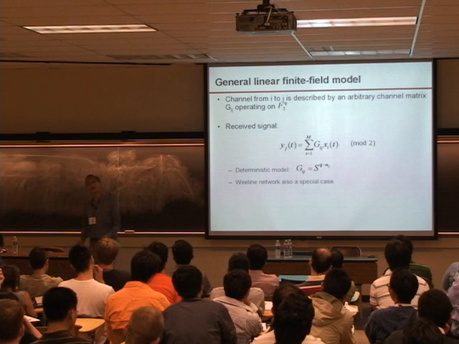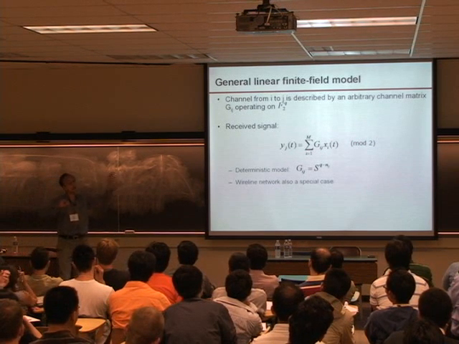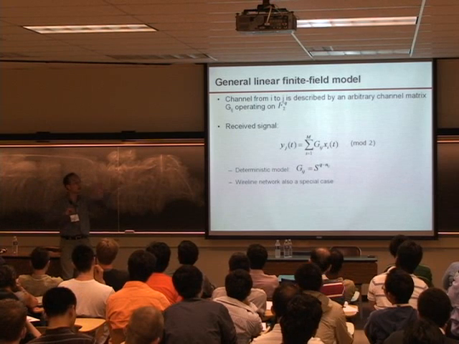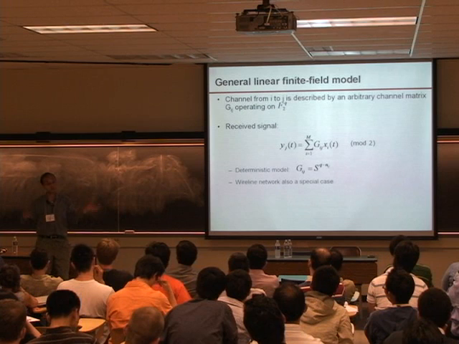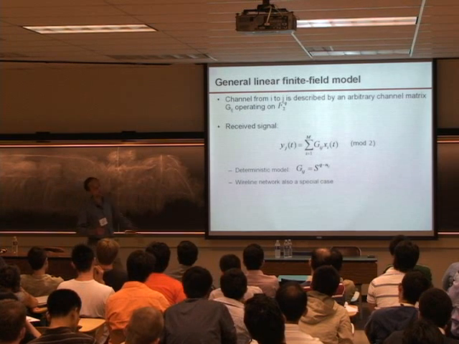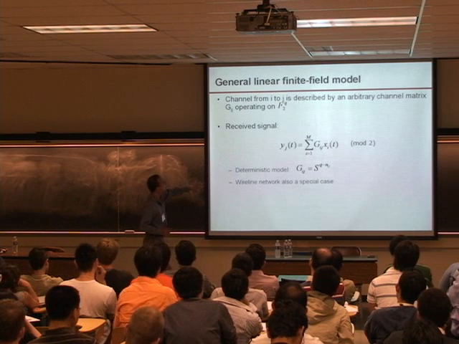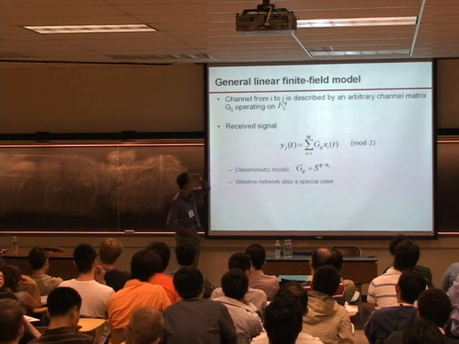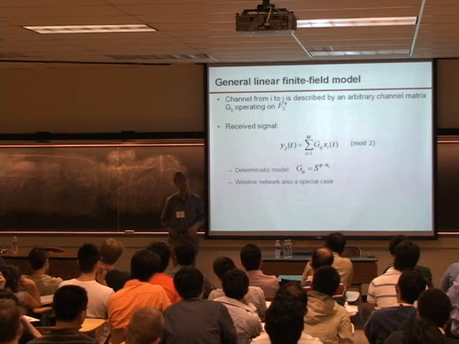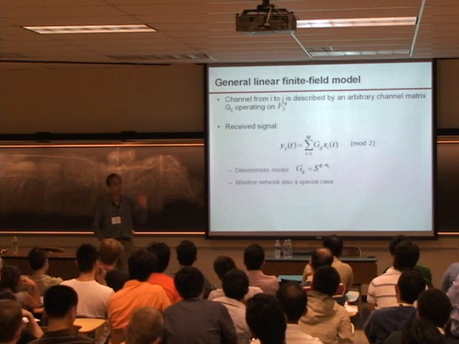So in a Wireline network, what you receive is directly the packets that you sent, or the bits you sent at the various transmitters. It is a trivial linear transformation, and you can put it in this form. So what I want to emphasize is that this general model has the deterministic model for modeling the Gaussian channel as a special case, and also our standard Wireline model as a special case. People okay with that? Okay.